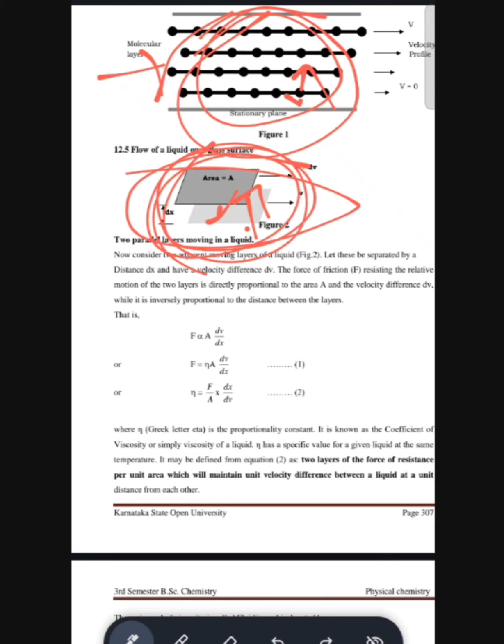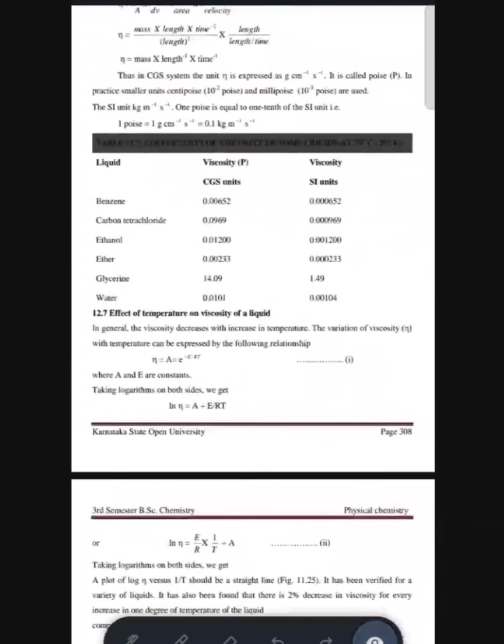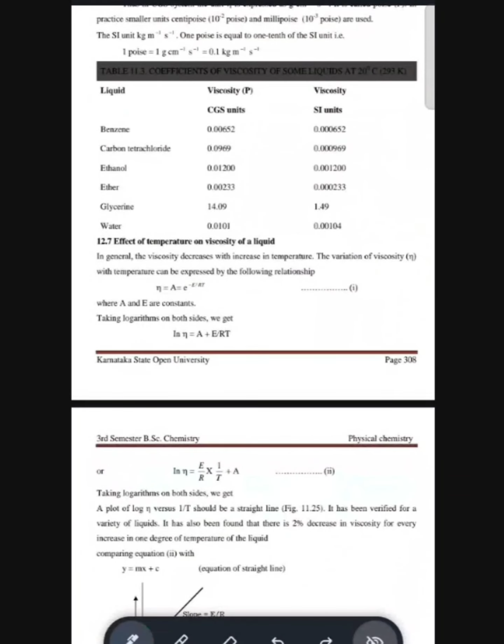And in the table they are given liquid, viscosity, and viscosity in SI units. CGS units means centimeter gram seconds. For benzene it is 0.00652, carbon tetrachloride 0.09.